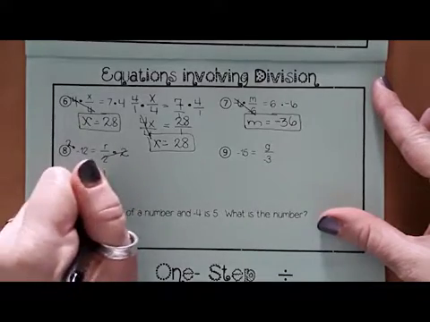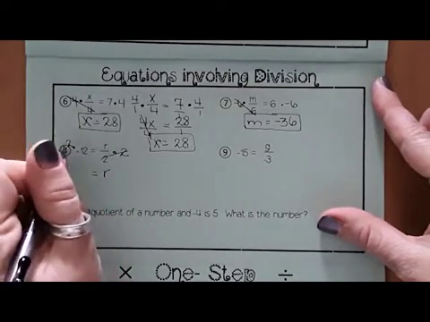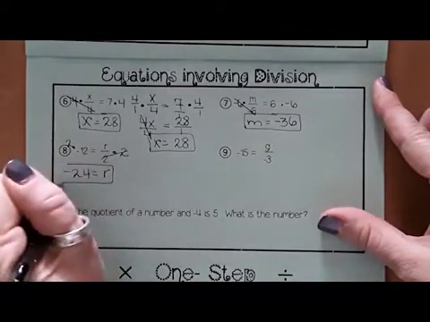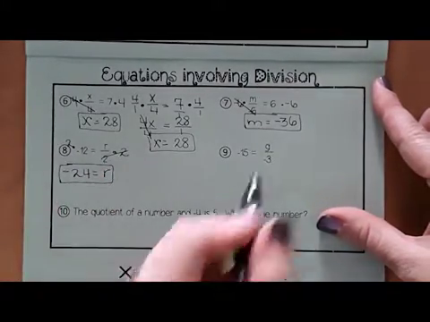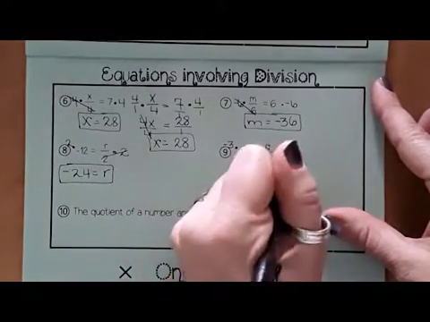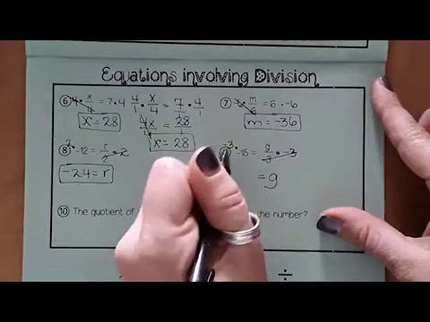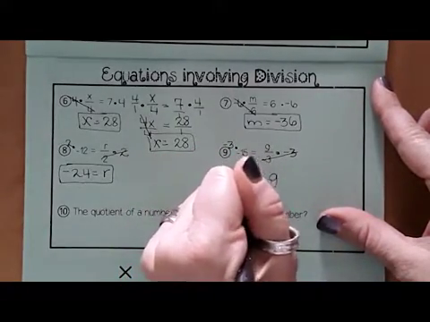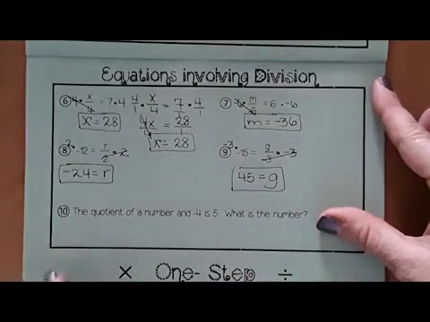They cancel out. 2 times negative 12 is a negative 24, so r equals negative 24. Last one, multiply that negative 3 by both sides. They cancel, bring down your g, and negative 3 times a negative 15 gives me a positive 45.